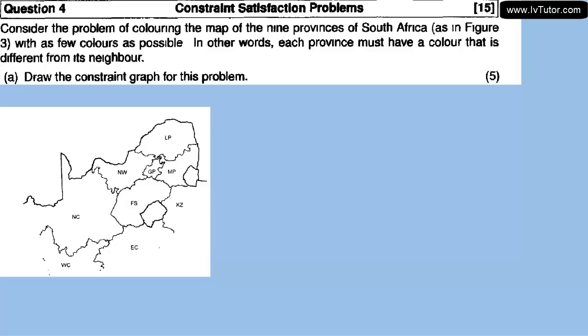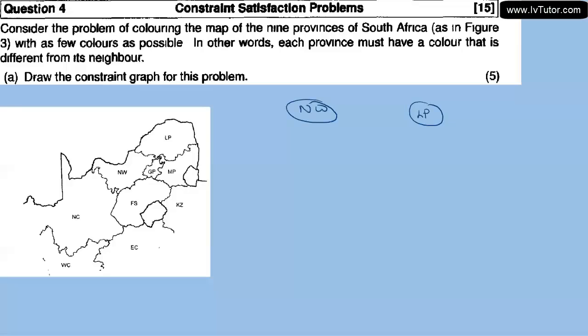Let's consider this South Africa problem. They say: draw a constraint graph for this problem. A constraint graph, as I mentioned earlier, is just identifying the provinces in the constraint. We have Limpopo, LP, and Northwest.